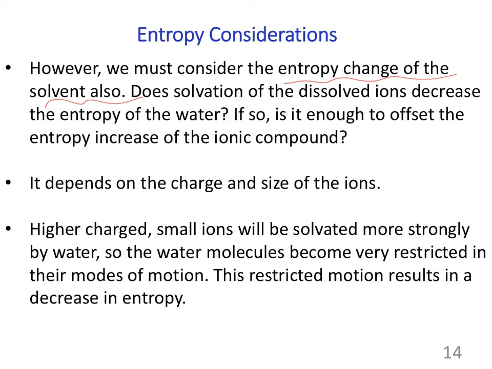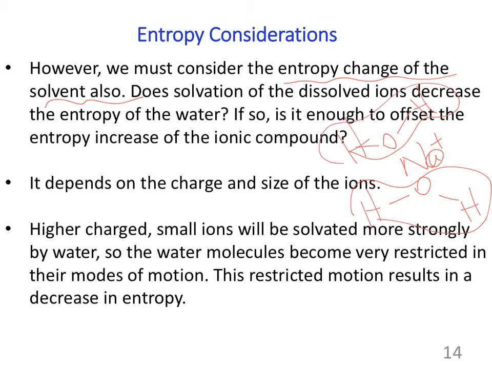Well, you may have guessed. Water molecules surround the ions. Remember how we drew solvation? The water molecules essentially make a cage around the ions. Because of that, the modes of motion, the freedom of motion of the water molecules, decreases.